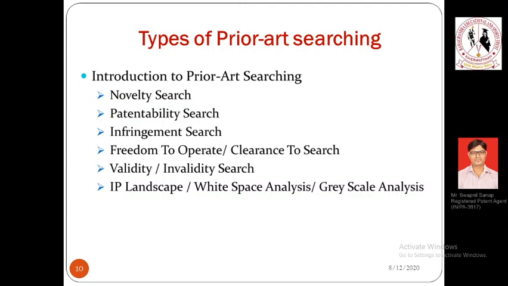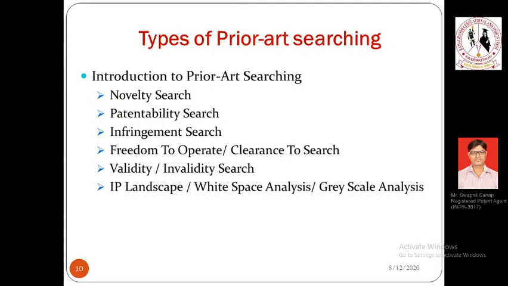So this infringement search is always associated with the products that are available in the market and the patent which is filed by the inventor or the applicant for the IPR. Whatever concept is written in the patent, if somebody tries to copy and implement it in a product, that kind of search is referred to as infringement search.